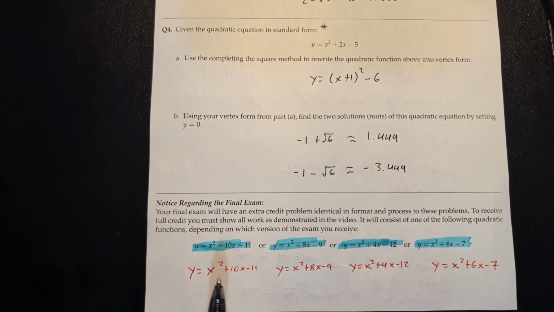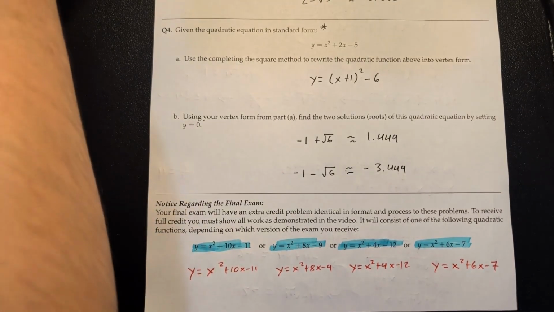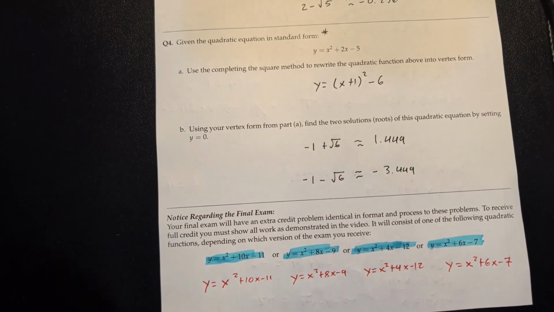So the final is going to consist of one of these problems. If you want to attempt them all, that way you know how to do all of them, that's up to you. But your final is going to have one of these problems as the extra credit problem.